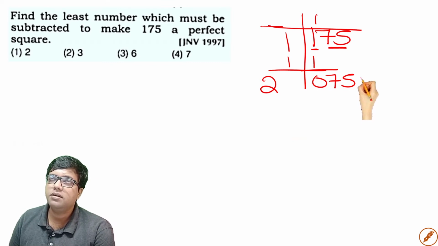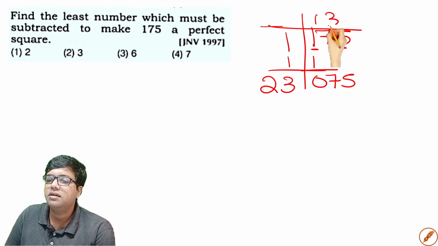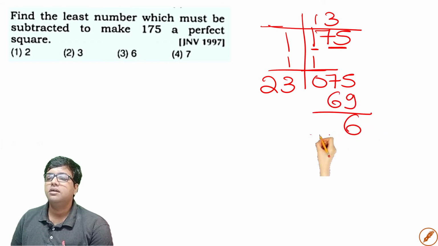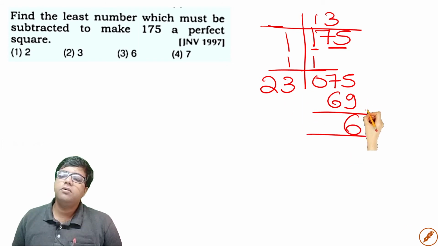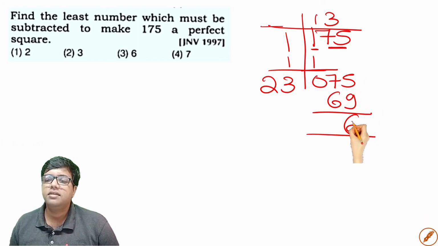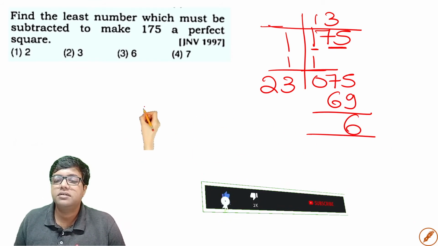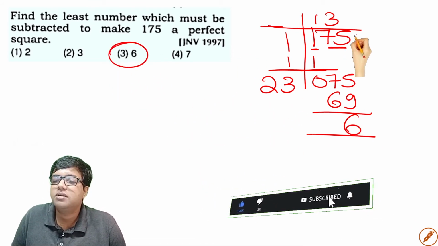24 4s will be more than that. 23 3s will give you 69. So you are left with 6. If this number was less than 6, then it would have made a perfect square, right? So 6 is the right answer. 6 needs to be subtracted from this number.